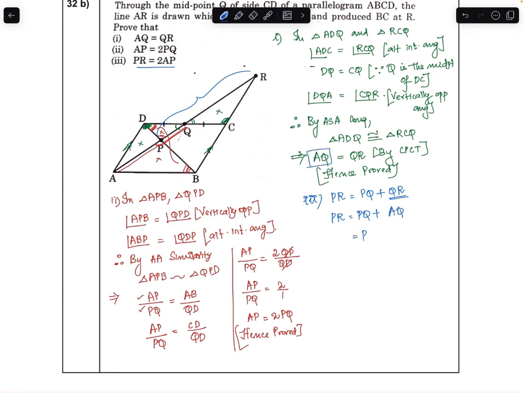So PR is PQ plus AQ, which is AP plus PQ, which is 2 times PQ plus AP. 2 times PQ can be replaced with AP. So PR is equal to AP plus AP, which is nothing but 2 times AP. So this is the statement that has to be proved and hence proved.